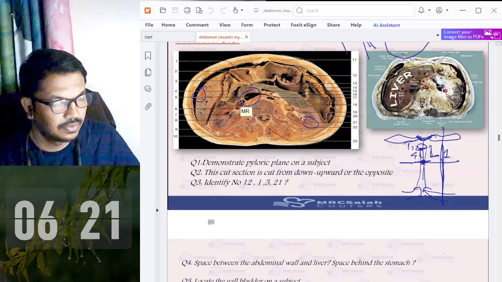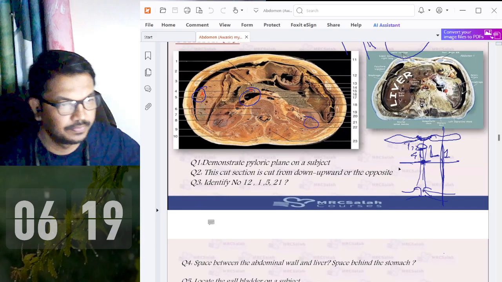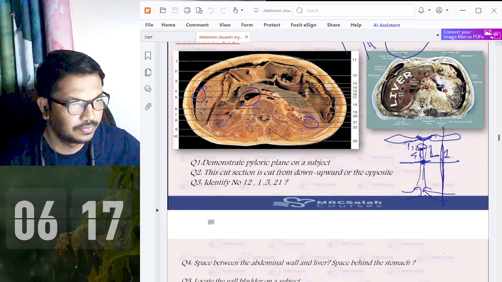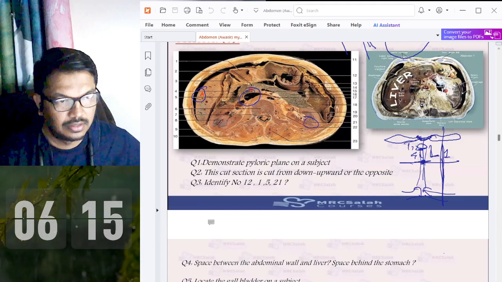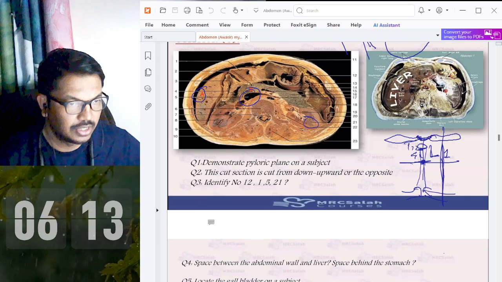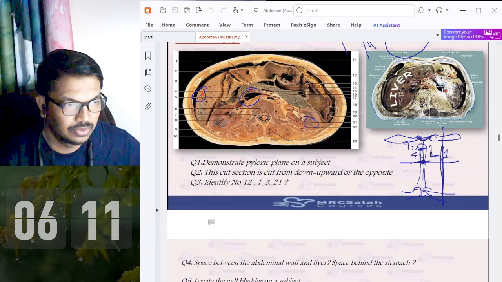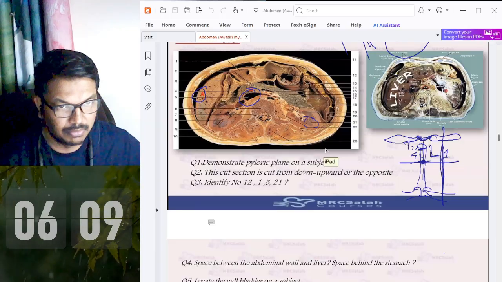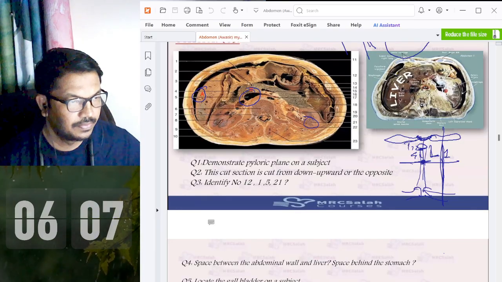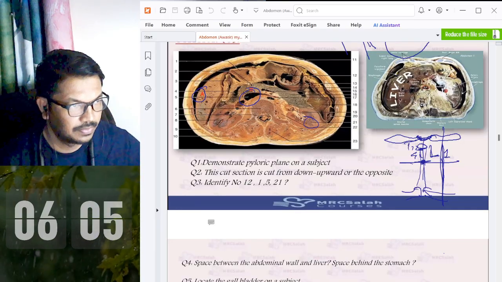Lumbar one. And you said this section has been taken from below. Why are you saying it is from below? Right side liver. Okay.